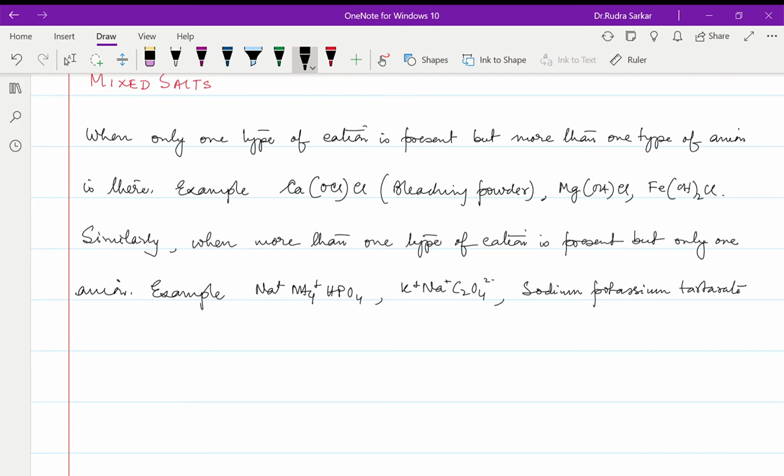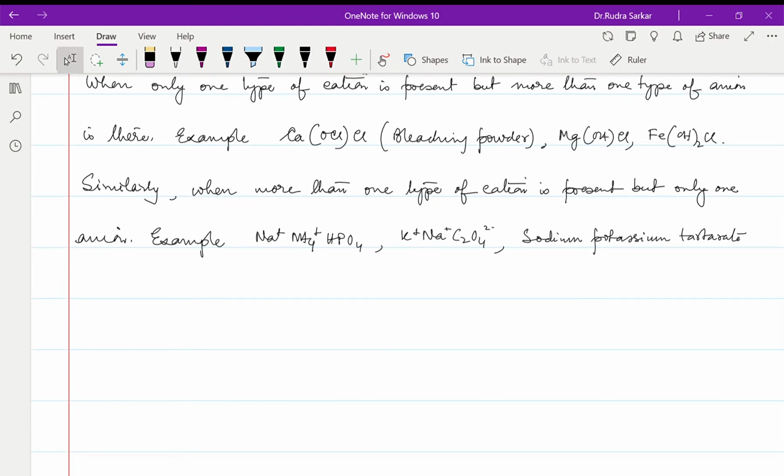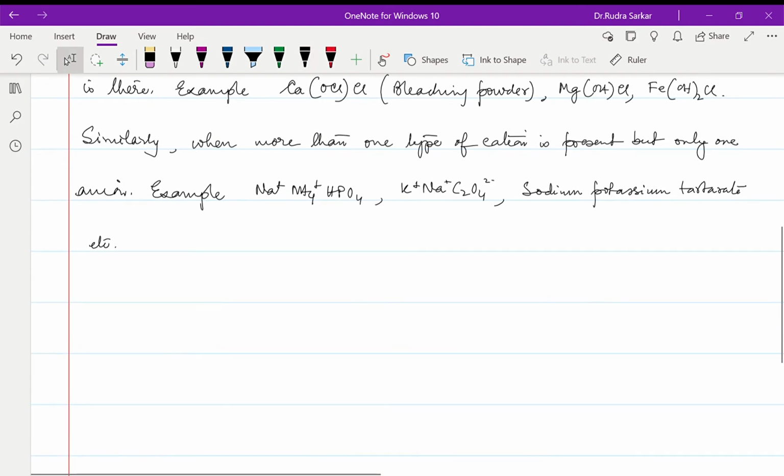Okay, this is also a mixed salt. The sodium potassium tartrate is also called Rochelle salt. We will come across this salt when we do the test for aldehydes in organic chemistry. So this also is a mixed salt.